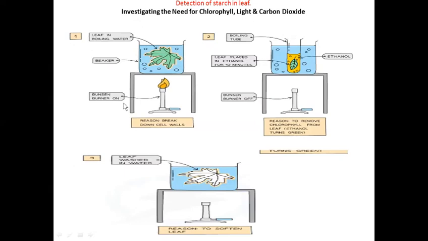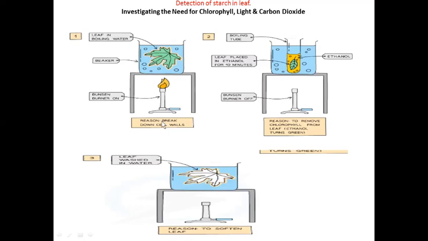If you are going to study this equipment, you see, we take a beaker, okay, and we put water, and then put a leaf. Okay, so the leaf, and then we are going to start to heat this water. So this leaf is in the boiled water. So what would happen when you put the leaf in the boiled water?